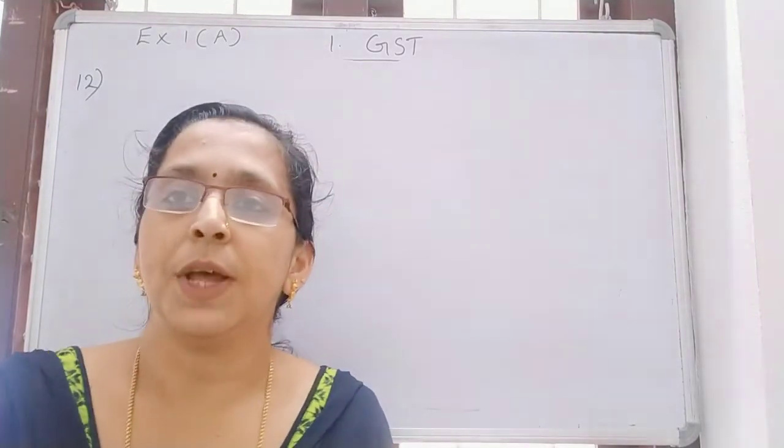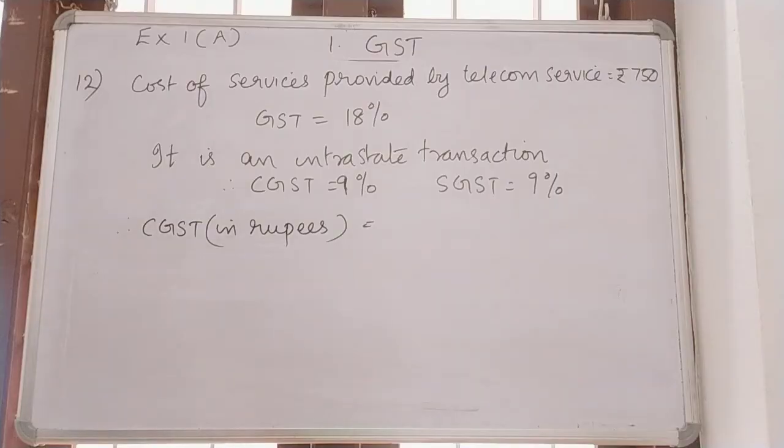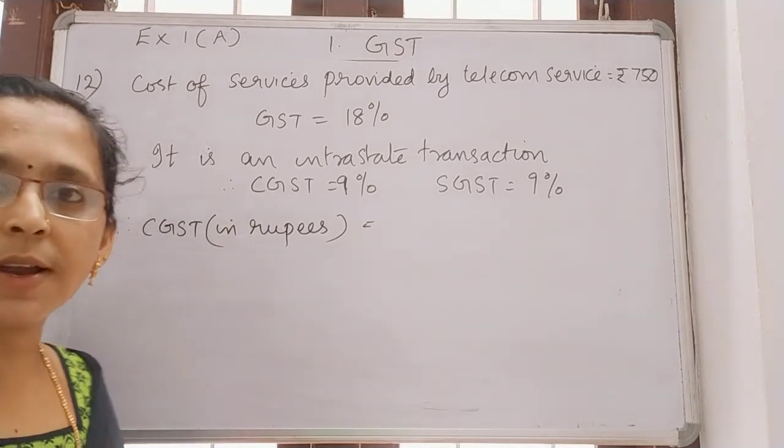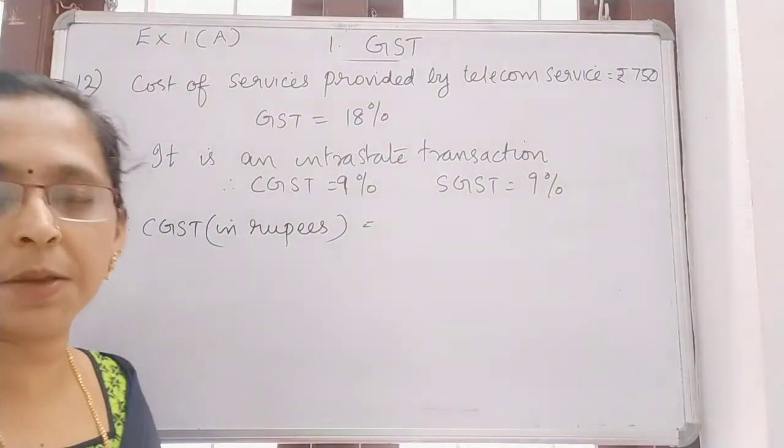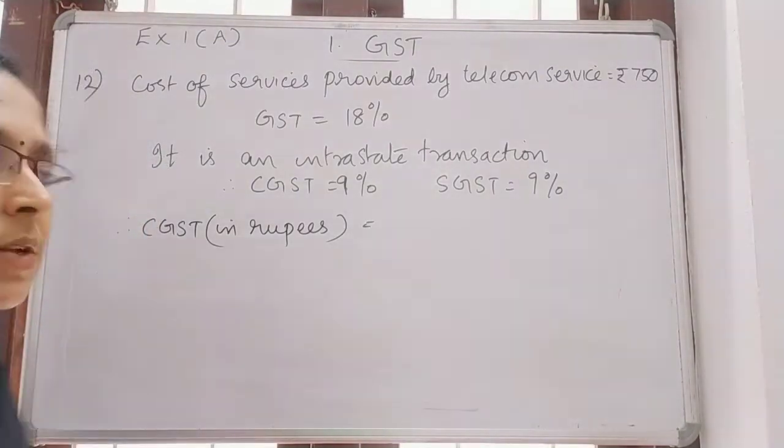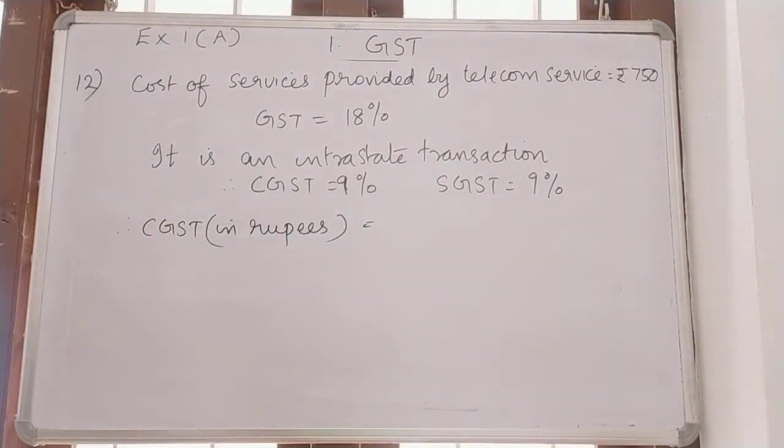Okay, so we can do that. Cost of services provided by telecom service is given as 750. GST is given as 18%. Since it is an intrastate transaction, CGST will be 9% and SGST will be 9%. So GST we have to calculate in rupees, that is CGST and SGST separately.